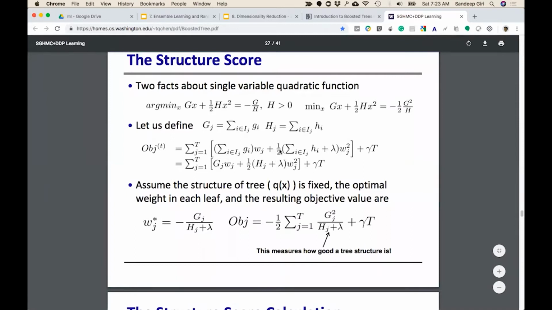This is g, and this is h, right? So half of the square of this, and plus, okay, I think this is what is going to be, right?